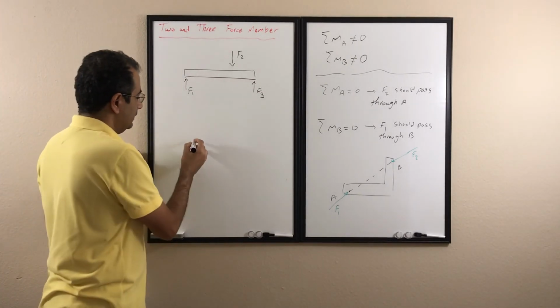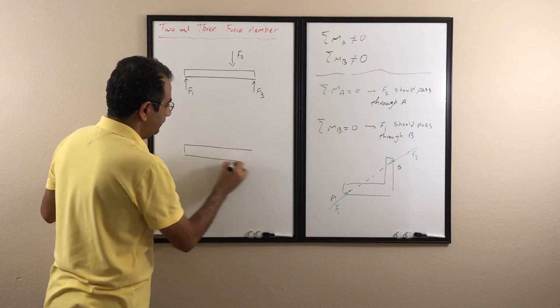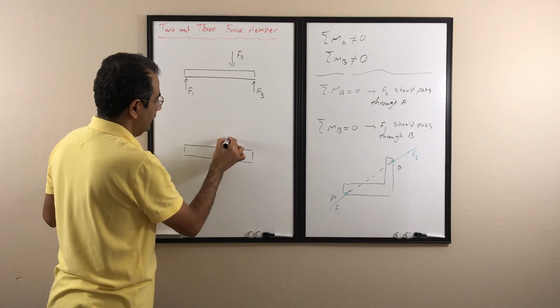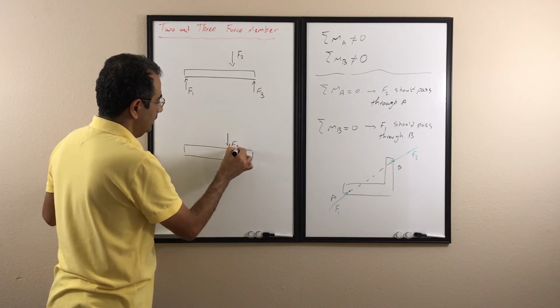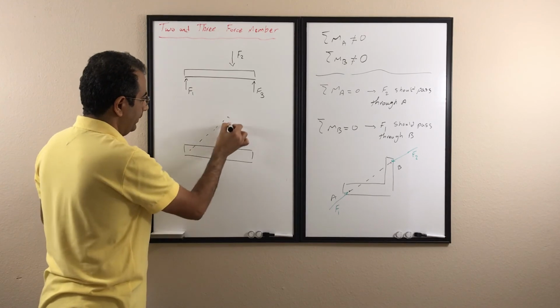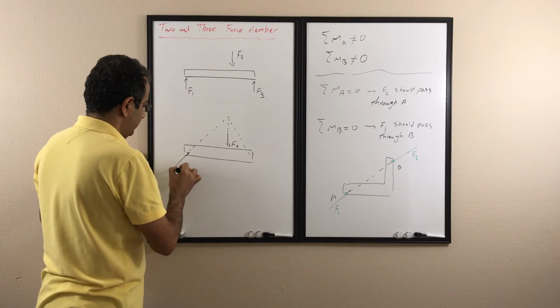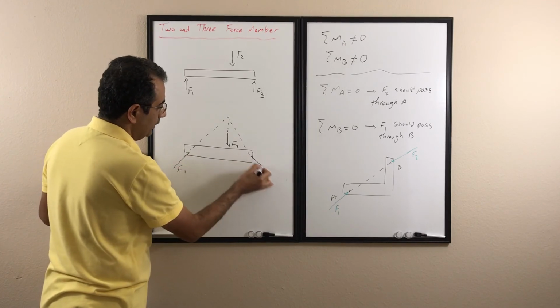The other condition that might happen: consider the same thing that we have here. For example, assume I have F2 there, but this time I'm going to have the forces like that.